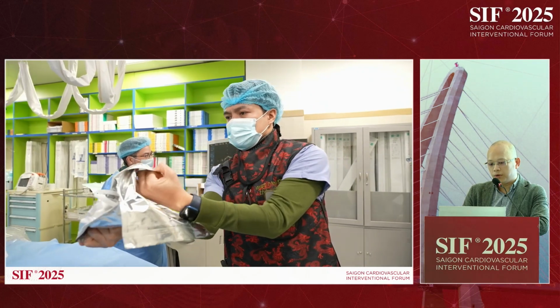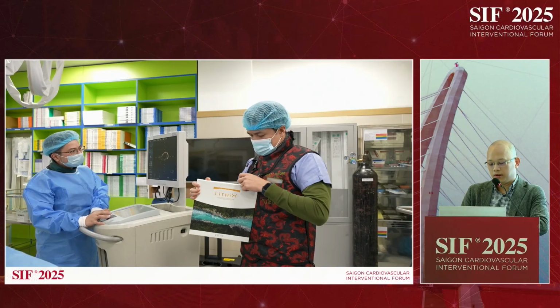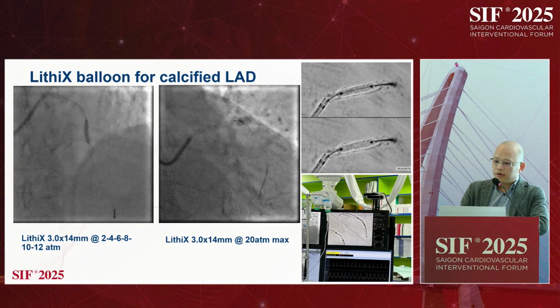And this is the balloon that we have used. We used just one balloon, 3.0 by 14, applied from the mid part of the LAD to the proximal. The key thing is that we go low and slow.